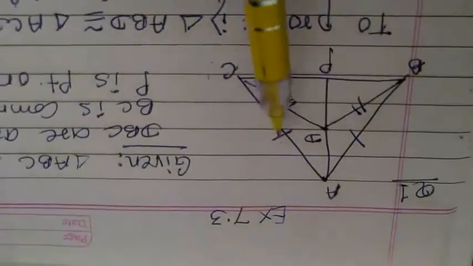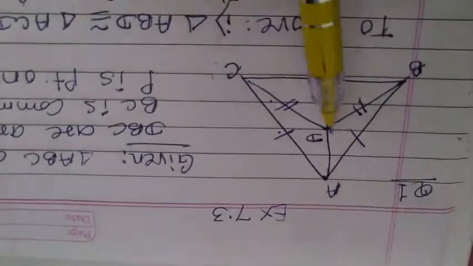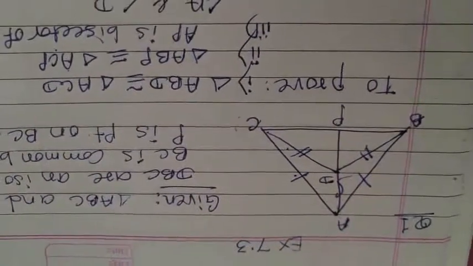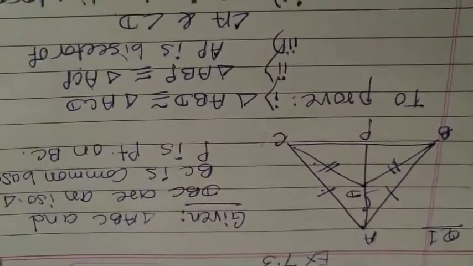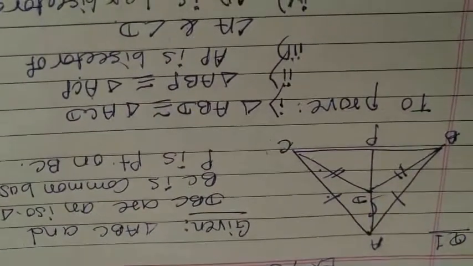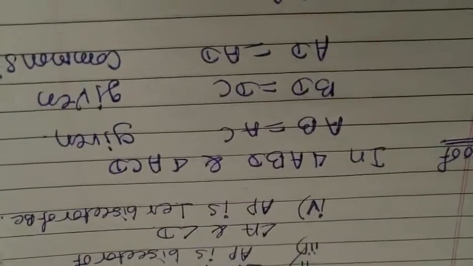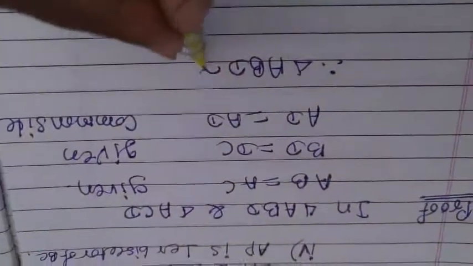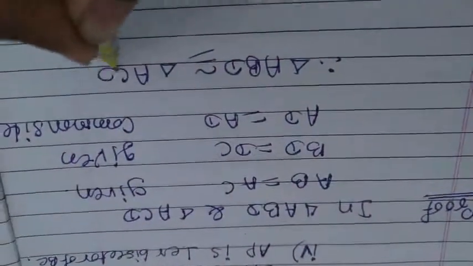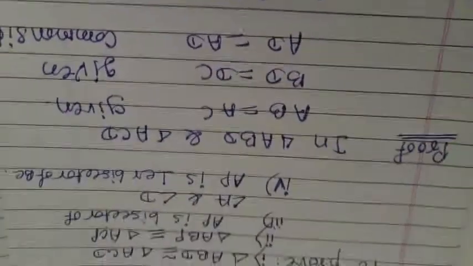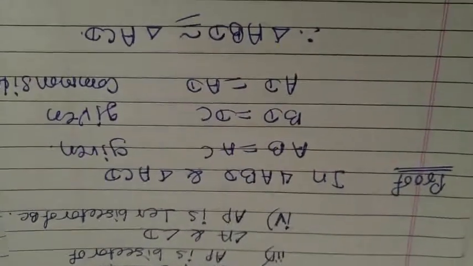These two sides of the triangle are equal, AB and AC, BD and DC, and AD is the common side for both the triangles. AD is equal to AD, common side, and therefore triangle ABD is congruent to triangle ACD, and the criteria is SSS. By SSS criteria the triangles are congruent.